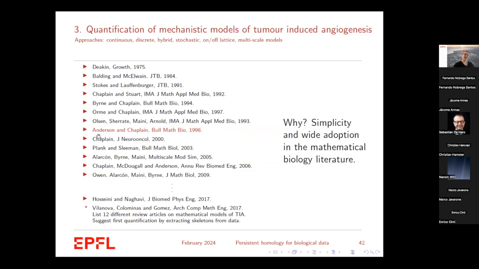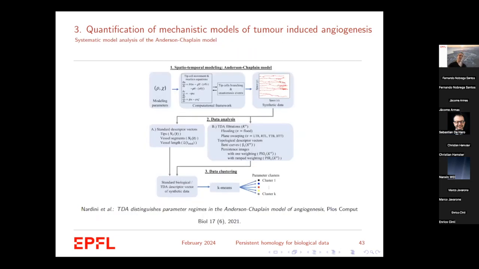We chose for this the Anderson-Chaplain model because it's very widely adopted in the mathematical biology literature, and it's one of the simpler models that at the same time produces very interesting output. The general setup is that in this model, you have two biological effects that are taken into account.